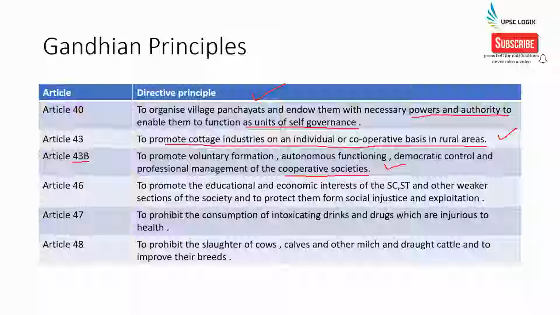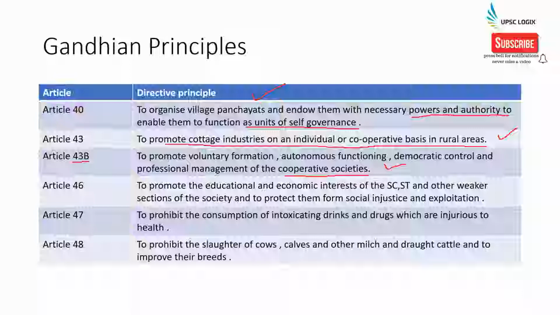Article 46 says to promote the educational and economic interest of scheduled castes, scheduled tribes, and other weaker sections of society and to protect them from social injustice and exploitation. As we all know, a lot of rights have been given to scheduled castes and scheduled tribes, with various constitutional rights and articles, like for example Article 17 where untouchability was abolished and its practice in any form is forbidden.